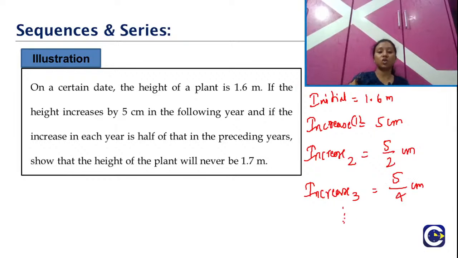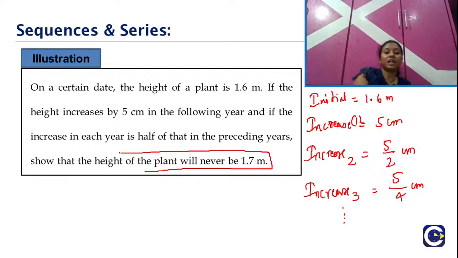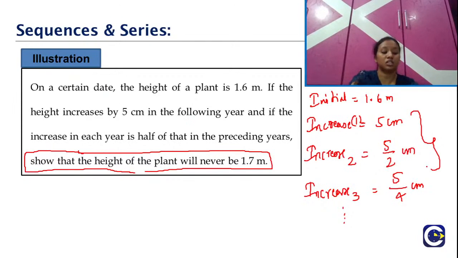So this will go on like that, right? Now the question is, show that the height of the plant will never be 1.7 meters. So here we have to show that the height of the plant will never reach 1.7 meters. This will be our application part with respect to geometric progression.